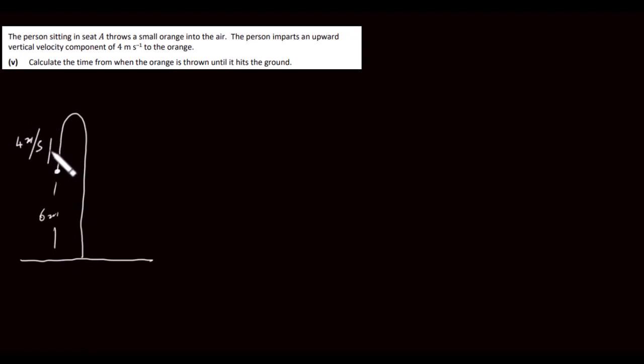So that's going to be our initial velocity upwards. So let's see. We really only need to look at the j direction here.